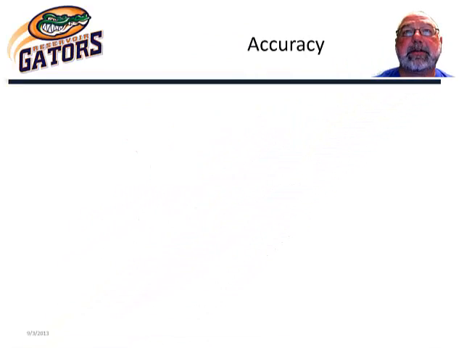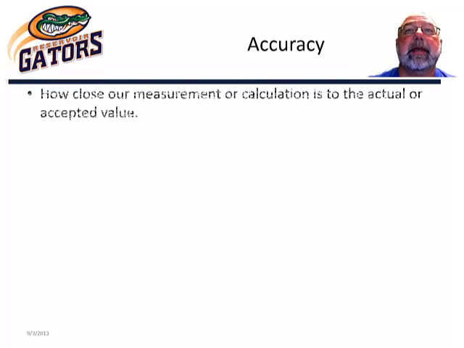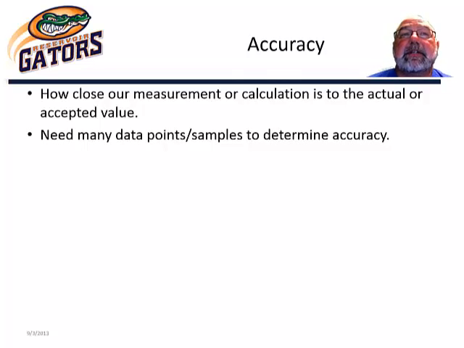So we're going to talk about accuracy first. Accuracy is how close our measurement or calculation is to the actual or accepted value. We've done a lab where pi was the accepted value, and the accuracy is how close our answer got to pi. To determine accuracy, you really need a lot of data points, a lot of samples.